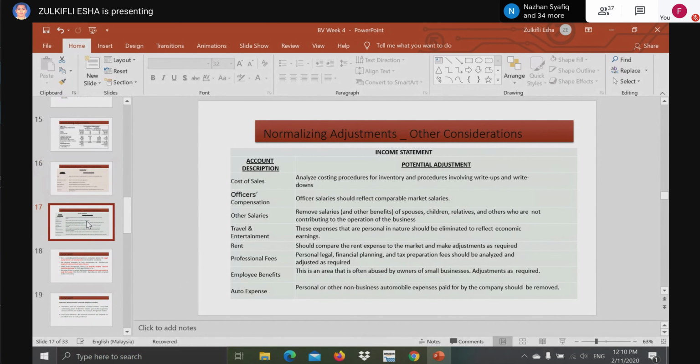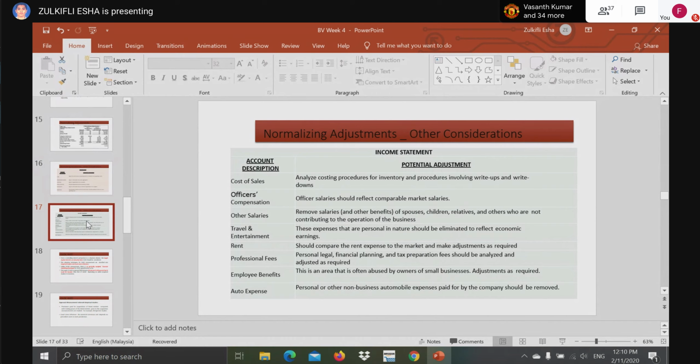So this is again the normalizing adjustment for other considerations for your income statement. Sometimes you may need to do some normalizing adjustment for your cost of sales, for your officers' compensation, for your salaries, travel and entertainment. Maybe some of you may not be aware that some companies have travel and entertainment allowances for some of their staff, depending on your level.